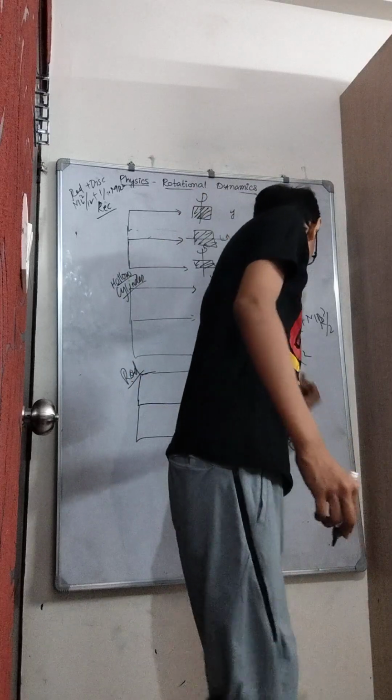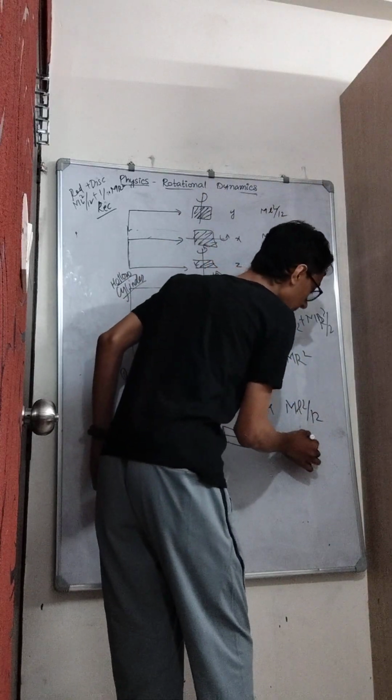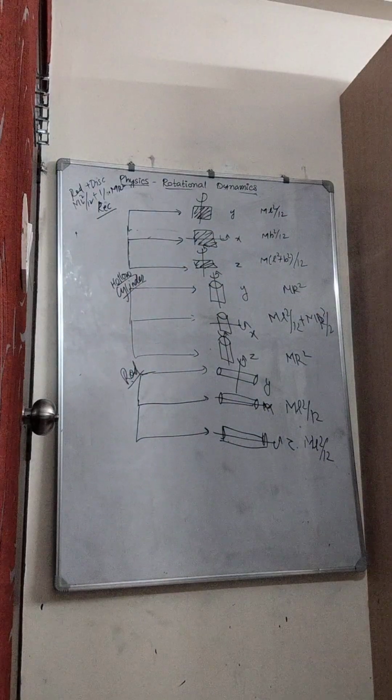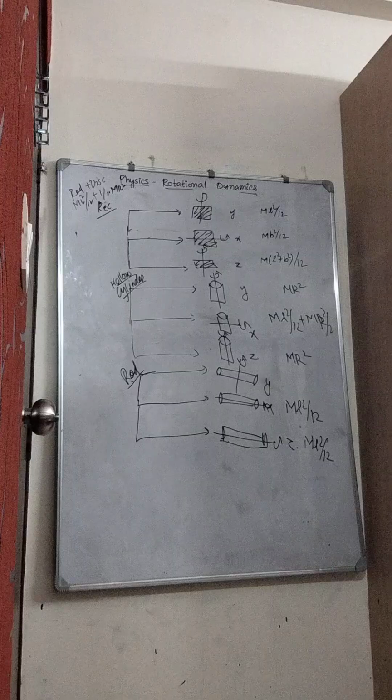Okay, so for x-axis and z-axis, it will be ml square by 12. Now, I think for moment of inertia for rod at that moment will be 0, I think. I don't know. I'll check now.